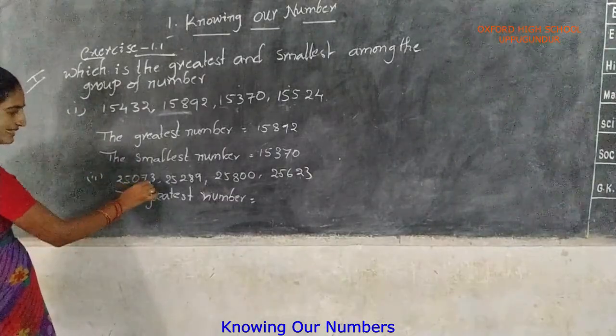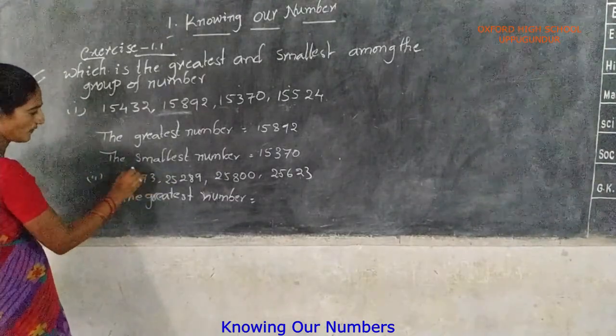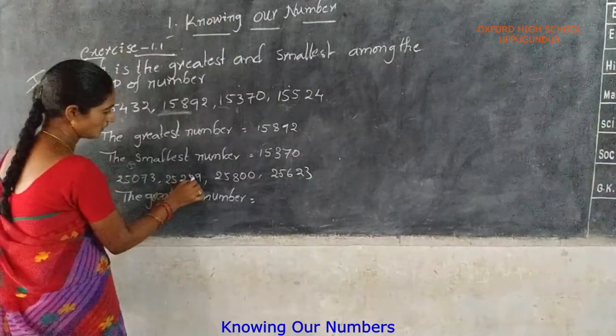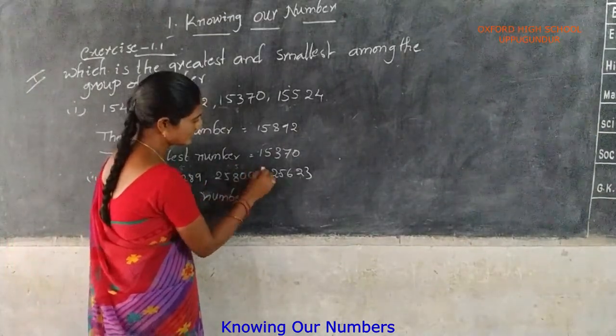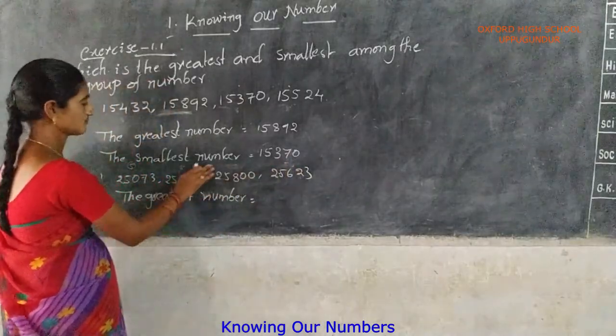First, how many digits? 1, 2, 3, 4, 5. All are 5 digits, so the digits are the same.